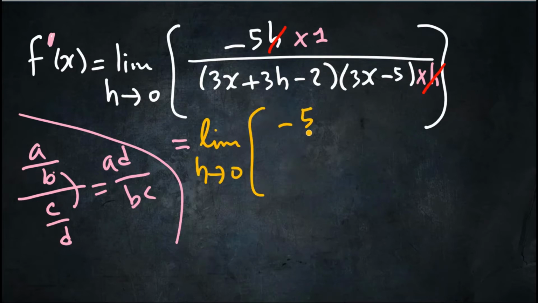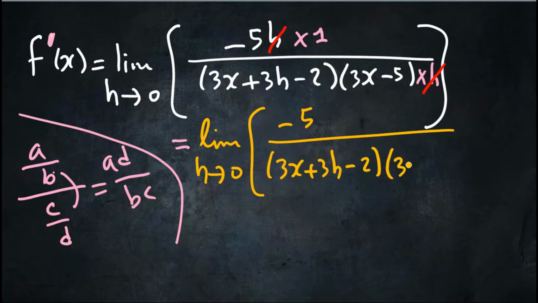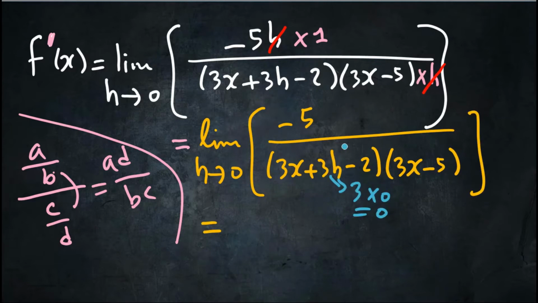So limit of minus 5 over 3x plus 3h minus 2 times 3x minus 2. We sub 0 for h. This is 3 times 0. It's 0, right? And so the derivative is minus 5 over 3x minus 2.